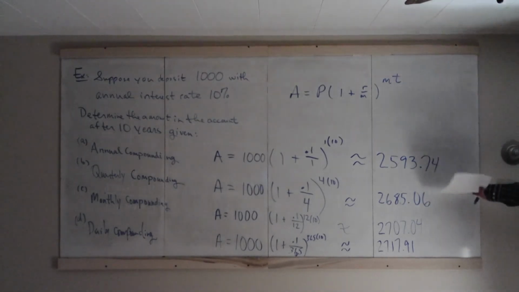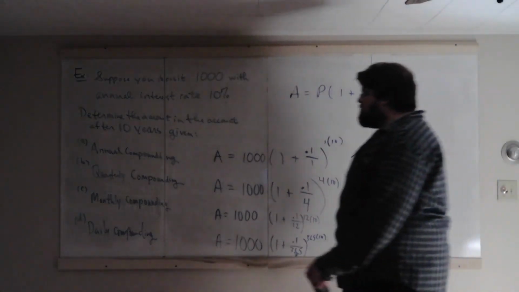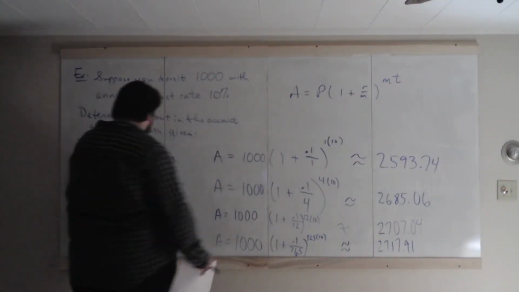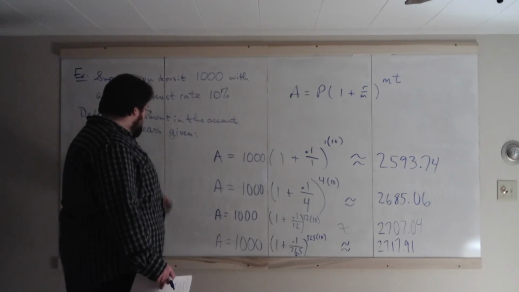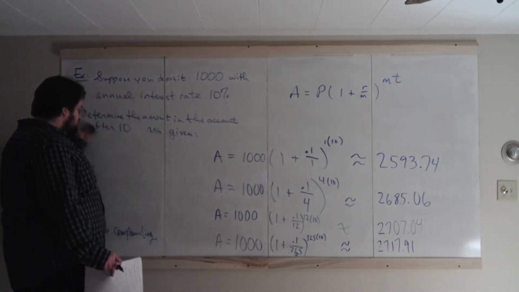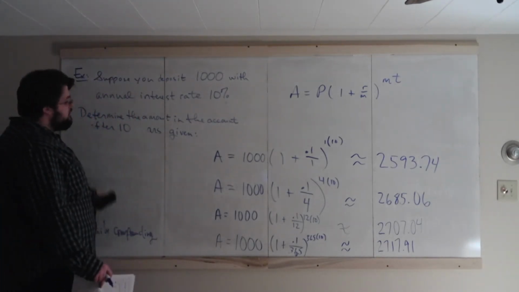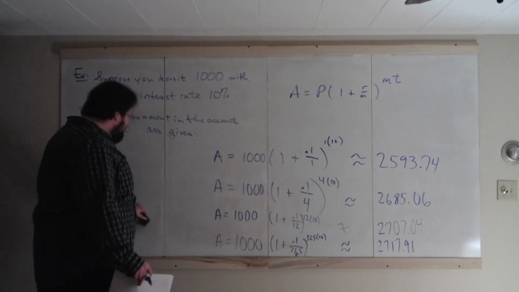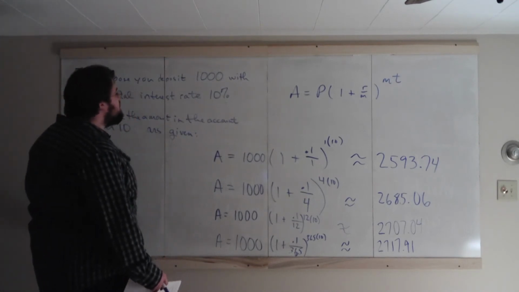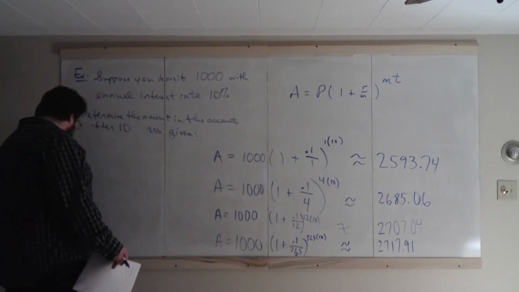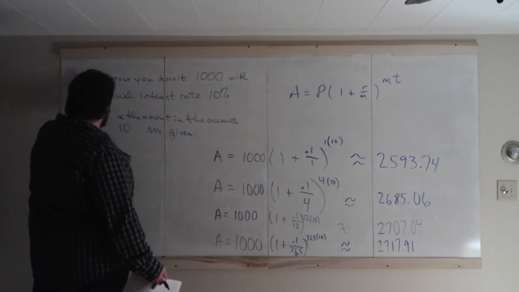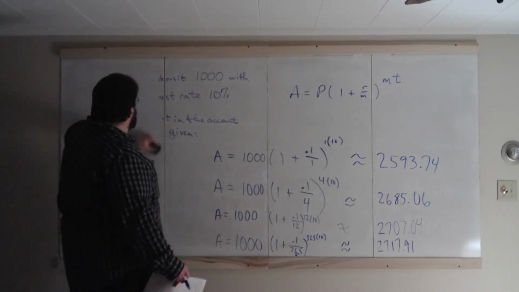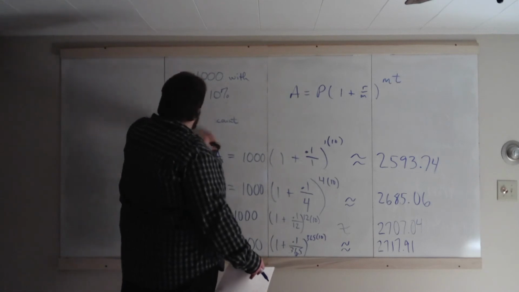Look at this gap. That might make you think that there is a limit to how much money you can earn based on how much you're chopping a year up. And there is, and we'll see that in a moment. But not yet.